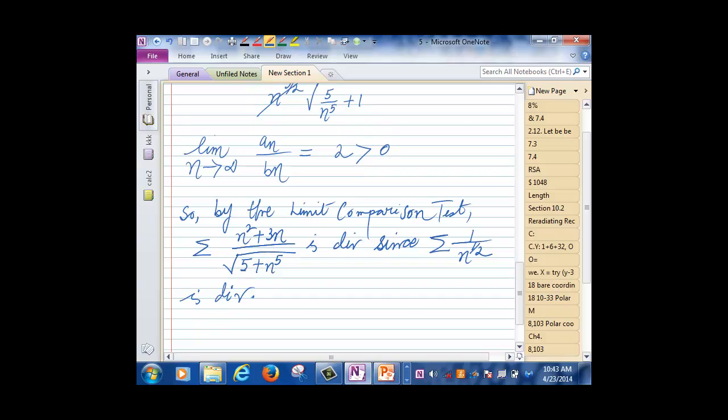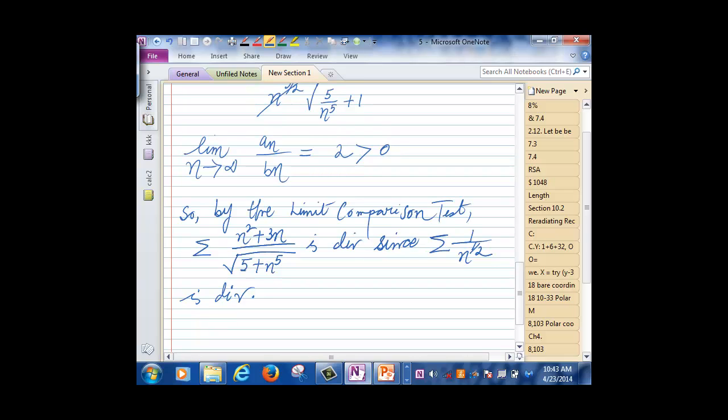If the limit is positive, then I know both series either are divergent or convergent. Since I picked a divergent one, the given one should be divergent as well. Is that making sense? Okay.